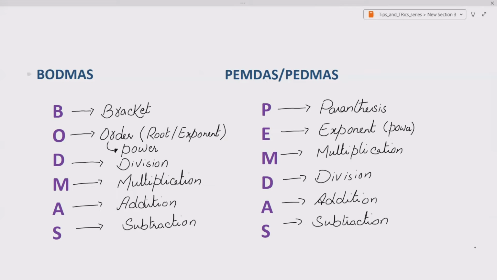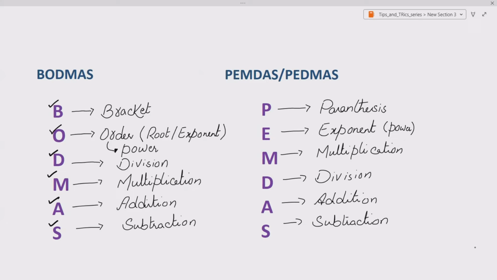Let's see. BODMAS says whenever you are solving any arithmetic expression, you have to solve brackets first. After solving the bracket, you have to solve the order in the question. Order means if there is any power, root or exponent, solve these first. Then do division, multiplication, addition and subtraction in that order.